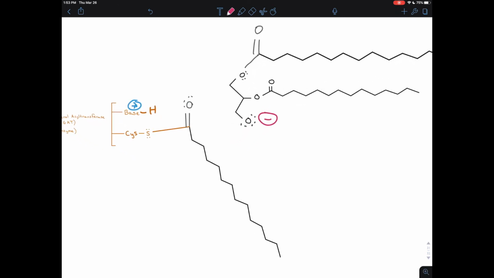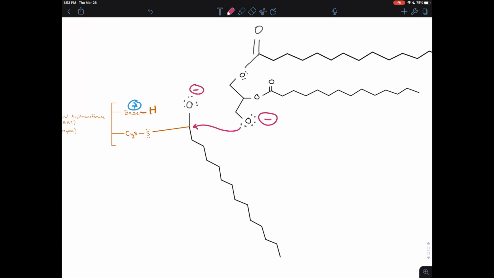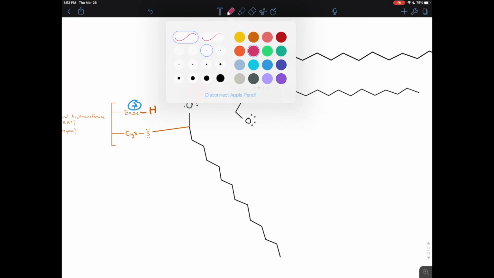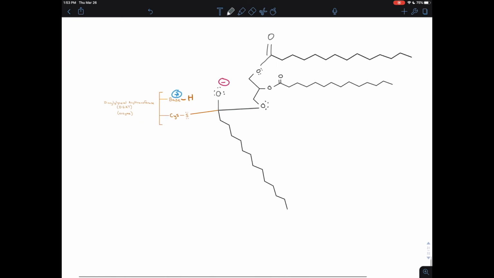And because it's a strong nucleophile, it can attack our carbonyl carbon. So it can swoop in, attack that carbon, the weakest bond, the pi bond, will break. The electrons will go up onto the most electronegative place nearby, that's the oxygen. That oxygen now has 3 lone pairs and therefore a full negative charge. And this oxygen will form a bond to that fatty acid chain.